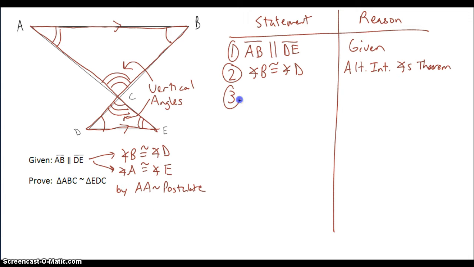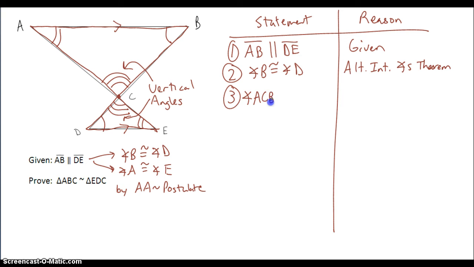Now at this point, I have a choice. I can go to angle A being congruent to angle E, or I can go to vertical angles. In this case, I'm going to go to vertical angles. Now if I want to name this angle right here, I can't call it just angle C. I can call angle B, and angle D, because there's only one angle around those vertexes. But if I'm going to name this angle, I have to name it with 3 letters.